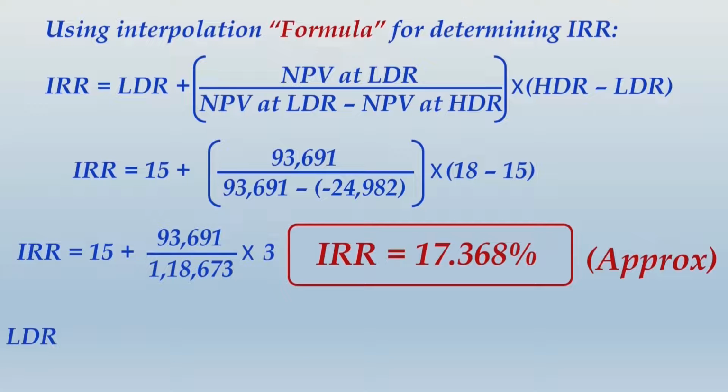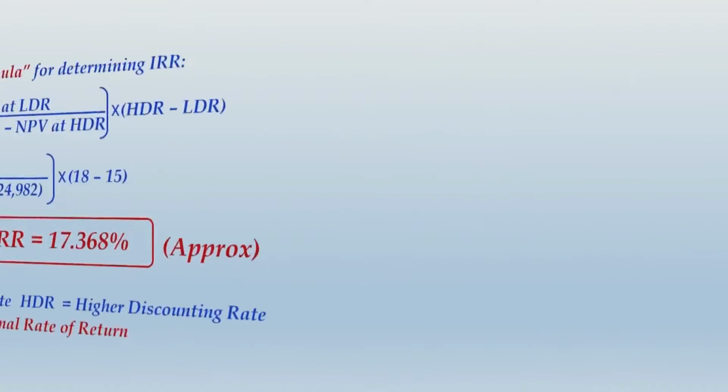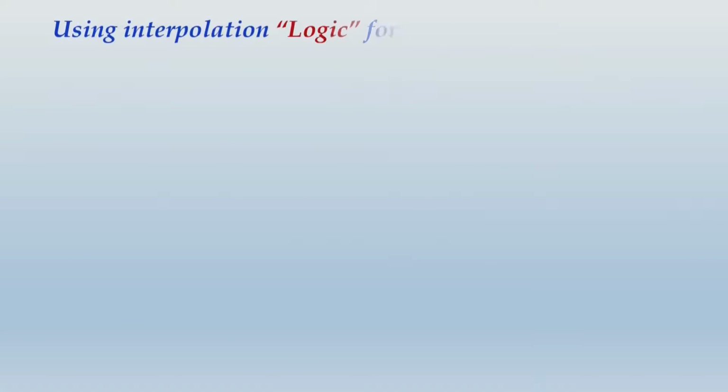So LDR over here stands for lower discounting rate, which was 15%. HDR stands for higher discounting rate, that was 18%, and IRR, what we have just computed, is basically internal rate of return. Now let us move ahead and try to understand the interpolation logic, and this is something very, very important.